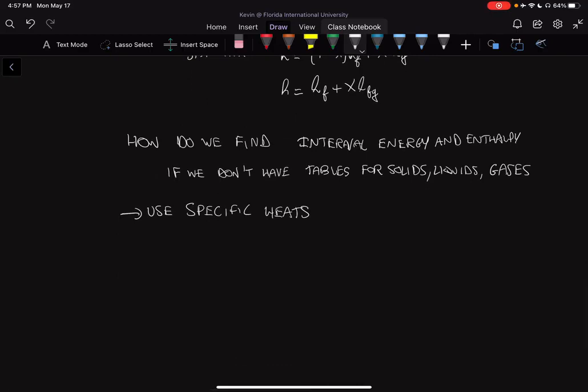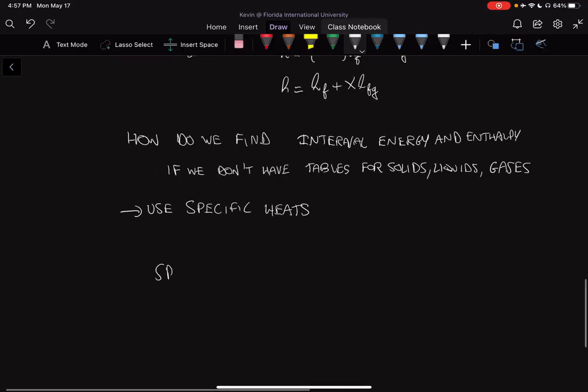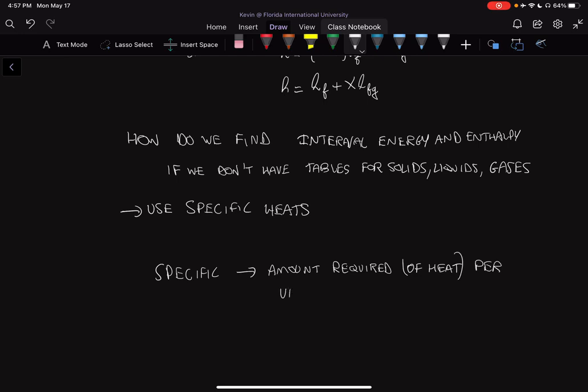And what does specific heat mean? Specific heat is defined as the amount of heat required per unit mass to raise the temperature of a substance by 1 degree.